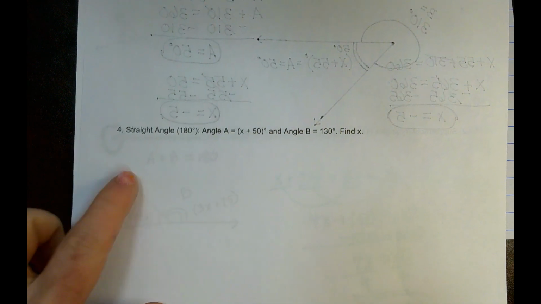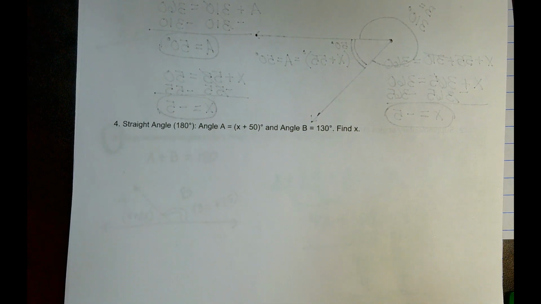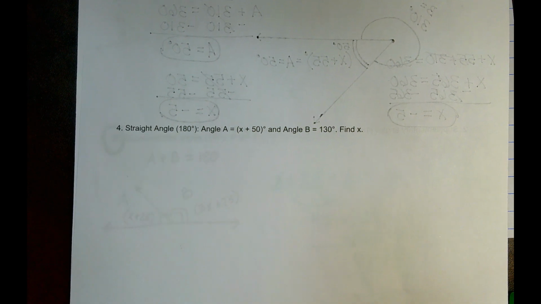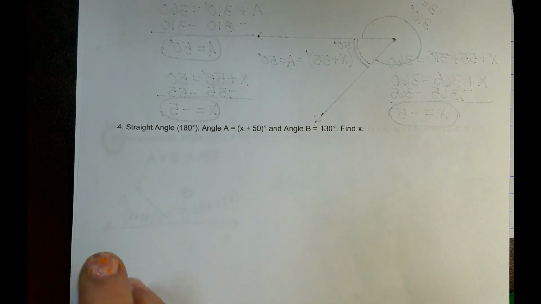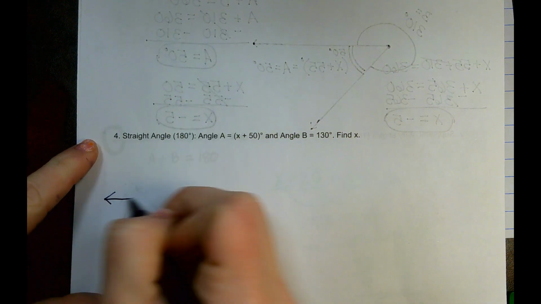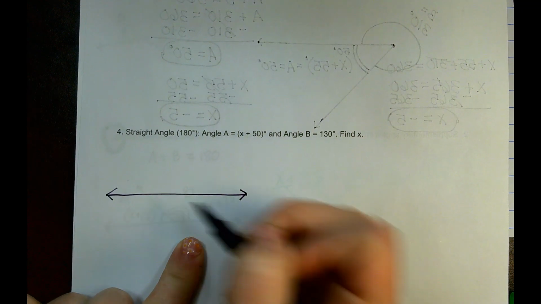Okay, so number 4, straight angle. What's a straight angle? It's another name for a 180 degree angle, a pair of supplementary angles. It's the straight line that happens when you make 180 degrees.